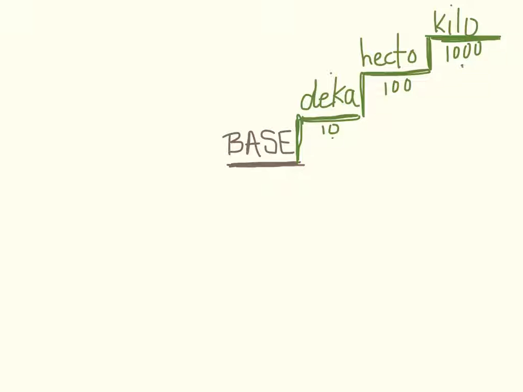So this would be 10 of my base, or if I have 10 decas, I get a hecto. If I have 10 hectos, I get a kilo. So it's going up. Now, because we're talking about decimal parts of the meter also, that's what happens when they get smaller.